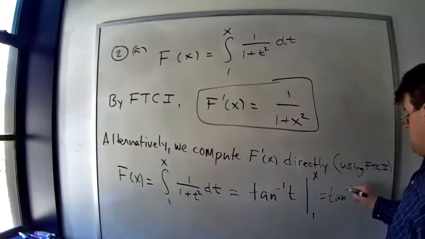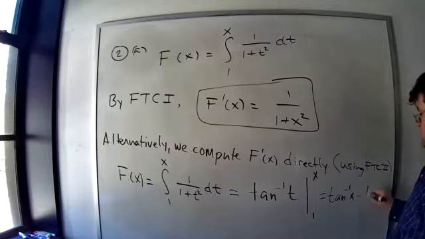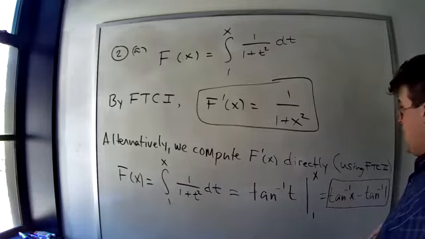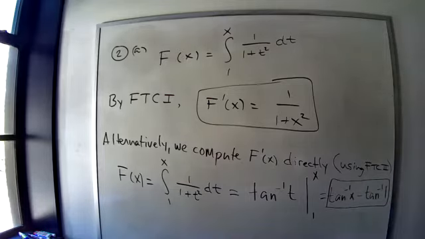Substitute x. Substitute 1. I'm going to put a box around that for now. So that's not our answer. That's just what f of x simplifies to by taking an antiderivative. Any questions about getting here, or any questions about what we're doing in this alternatively?